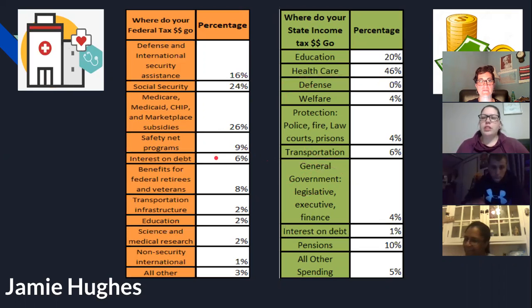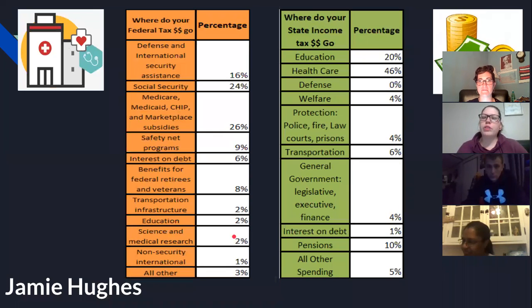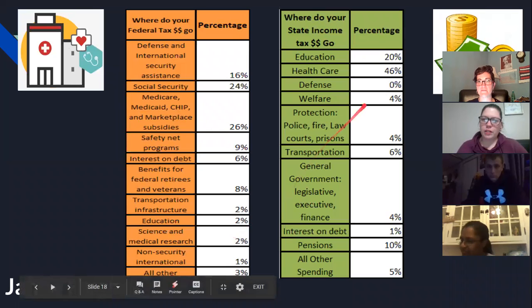Social Security is 24% of federal tax dollars, and 20% of state taxes goes towards education. Federal taxes only pay 2% of education. None of our state tax dollars go towards defense, but 16% of our federal tax dollars are spent on it.